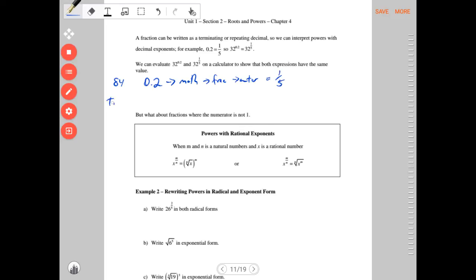On a TI-Inspire, you would go 0.2, and then hit the menu button. Then it's under the number, so that's the second one down. And then the second one in that sub-menu is approximate to fraction.